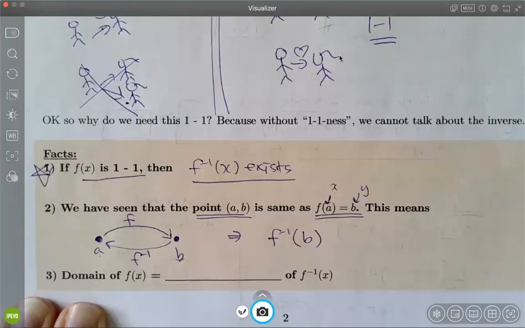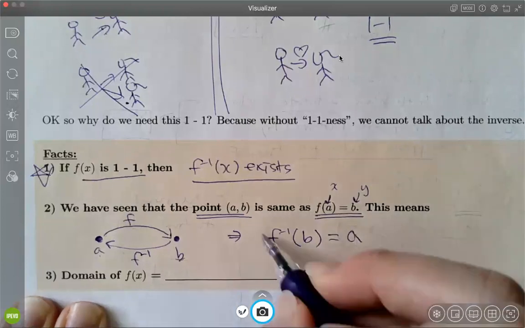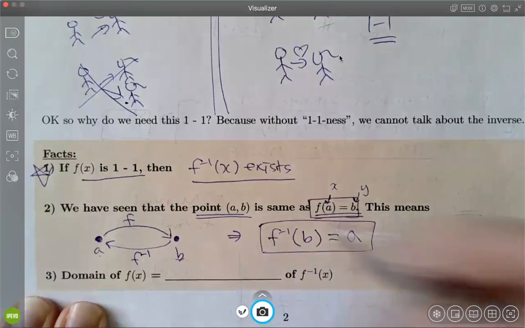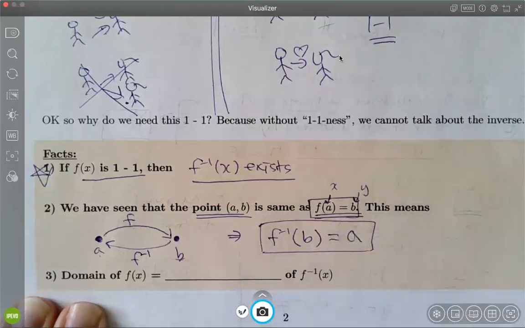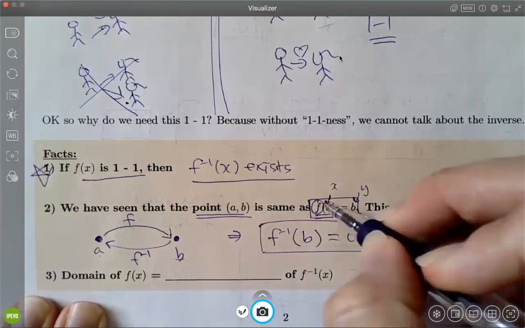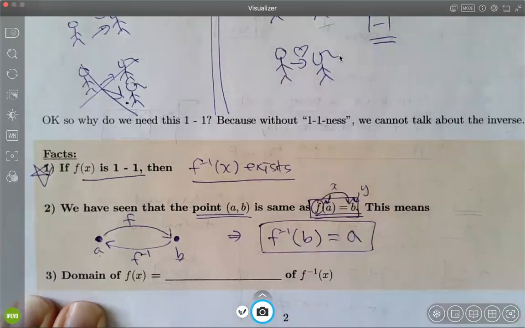Now b is the x value, and that's equal to the final destination, which is a. In other words, f of a equals b is the same thing as f inverse of b equals a. What do you notice? You can move this f, which is in front of a, to in front of b, but you have to put an inverse sign, because now your starting point is different.